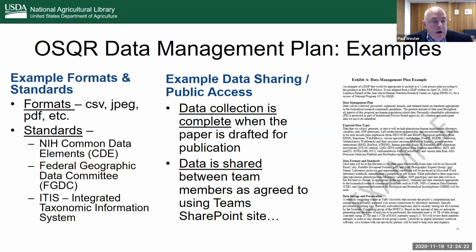You can read that data management plan itself in the P&P, and you should be able to trace from the P&P to that example what would be required to meet the different 6 parts of a data management plan around the formats, the standards by which you're going to manage the data, defining when the data collection is complete, and then how the data will be shared between researchers or members within the team, both from a technical perspective as well as from a higher level kind of policy perspective.